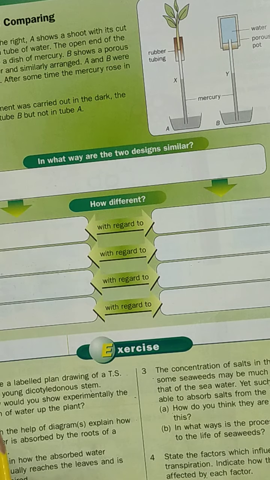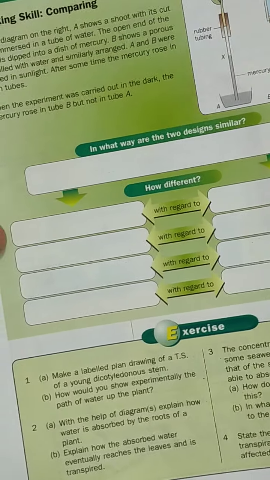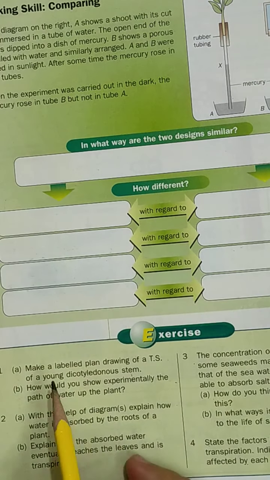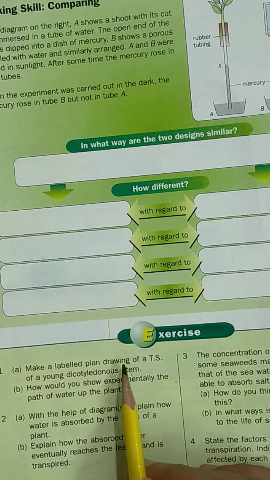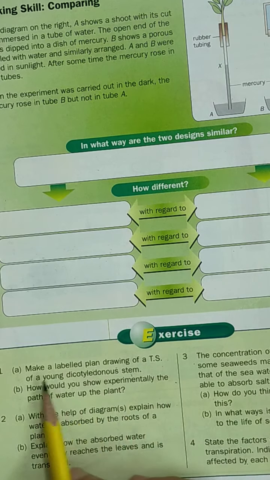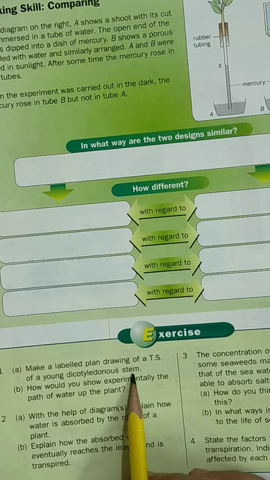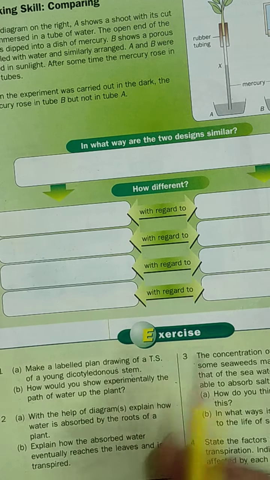The first question of the exercise is: make a labeled plain drawing of the TS of a young dicotyledonous stem. For example, if this is a stem, we will cut a very thin section, which is called a transverse section, and you have to draw a diagram of this transverse section.